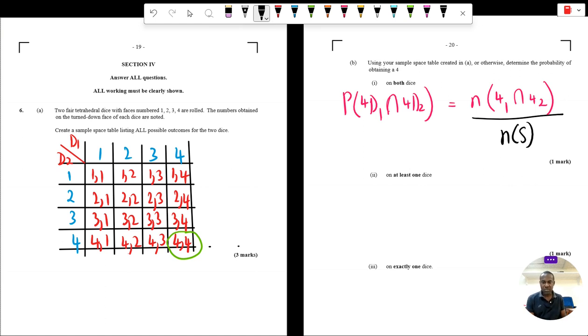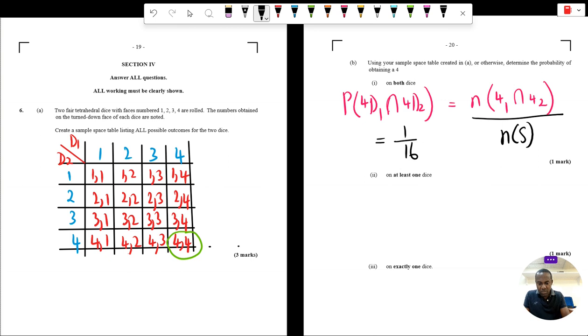So we have 16 possible outcomes in the sample space, and therefore the probability of obtaining 4s on both dice would be equal to 1 over 16. So this gives us 1 over 16, right? That is for 1 mark.